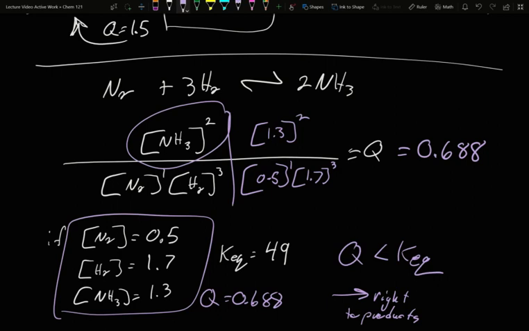This reaction will always have this KEQ. Does not matter how much of each reagent you throw in to start. Dinitrogen plus 3 dihydrogens going to 2 ammonias will always have the same KEQ at the same temperature. They are temperature dependent. That is the only thing that changes their values.